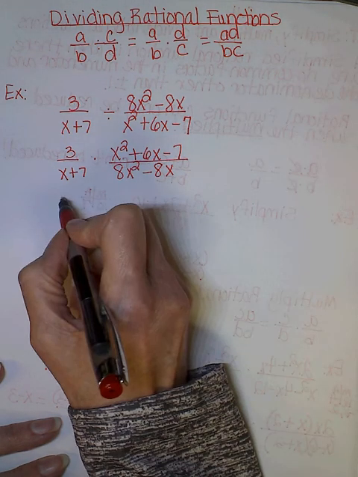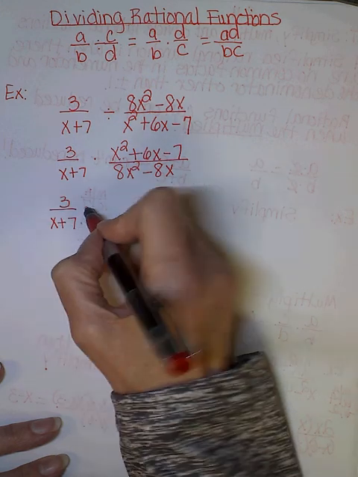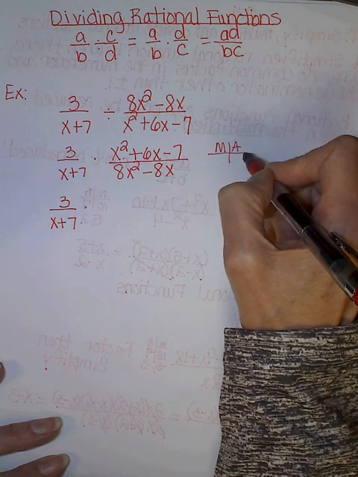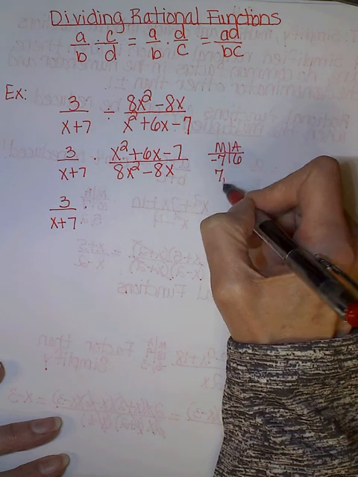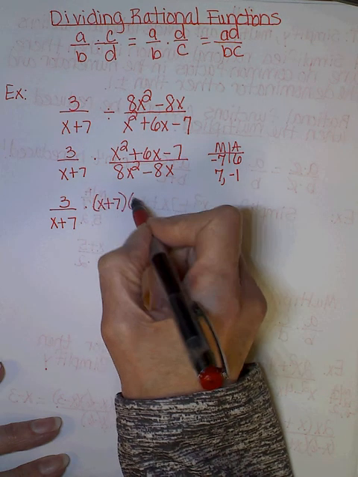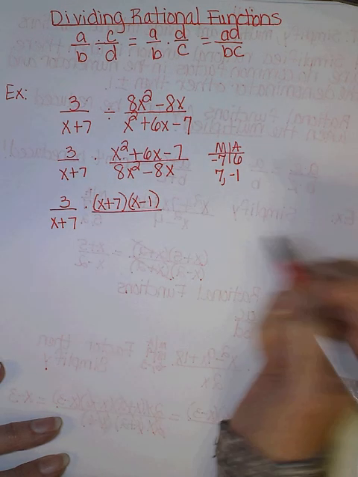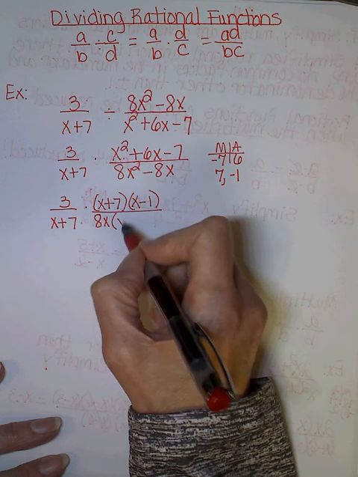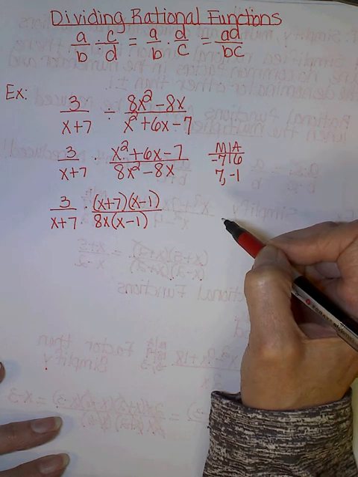Okay, and so we can't factor anything in this rational function, but we can factor each of these. Two numbers that multiply to be negative 7 and add to be 6 would be 7 and negative 1. So that numerator factors into x plus 7 over x minus 1. This denominator, I can factor out an 8x. And remember, if I factor out the whole thing, I'm left with a 1 there.